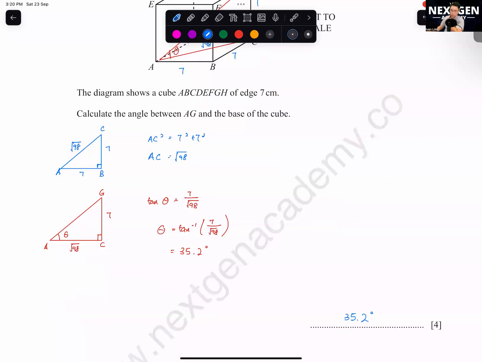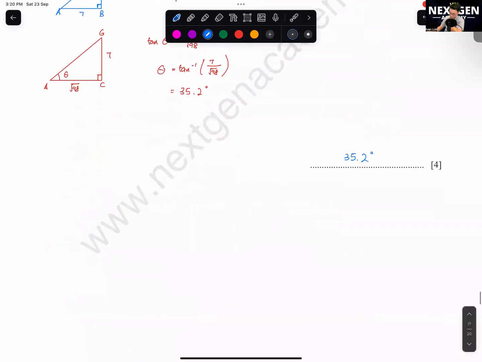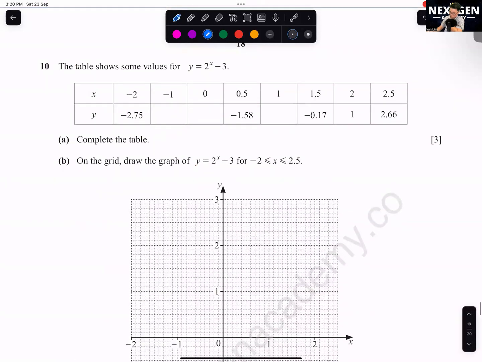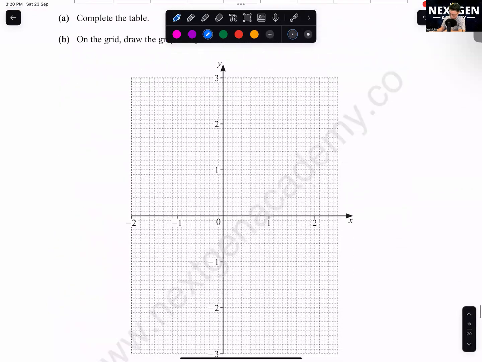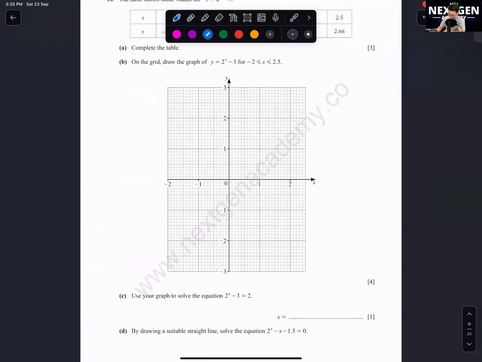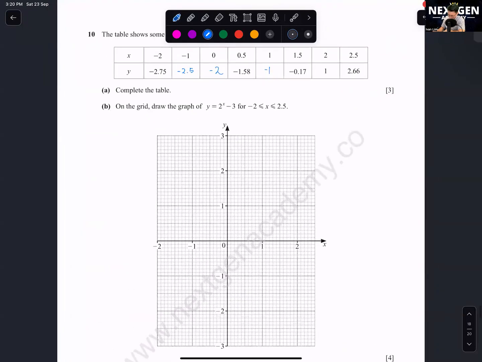Okay, let's go to question 10. Complete the table. So this one, just type in the calculator. Sub in the x value into here. You will get negative 2.5, negative 2, negative 1. Then on the grid, draw this. Let's plot out the points. Minus 2, minus 2.75.